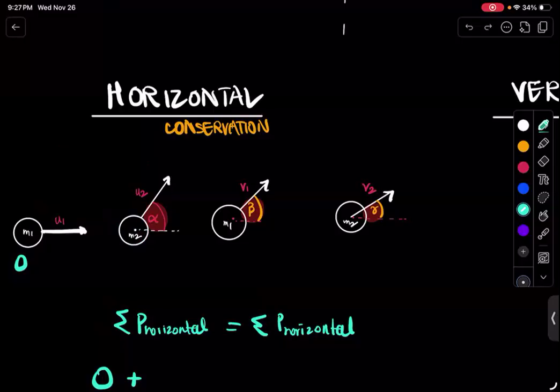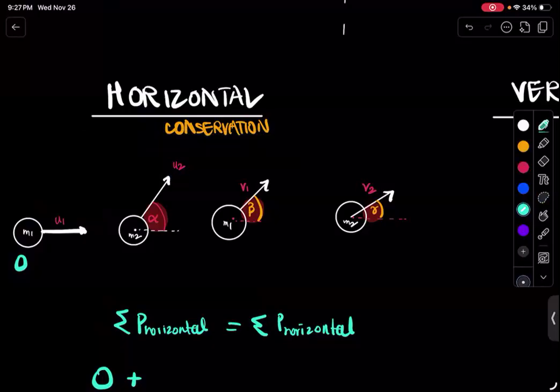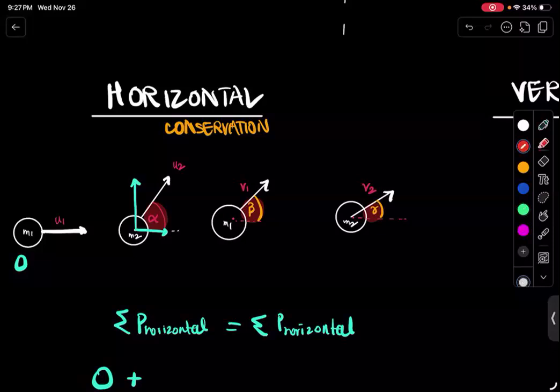I will have to find the component of M2. I can break it into its horizontal component and its vertical component, and I only need the horizontal one. How would I write the horizontal momentum of M2?